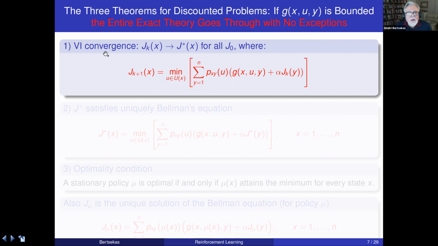The first theorem deals with convergence of the value iteration algorithm. The value iteration algorithm computes sequentially the optimal finite horizon costs with larger and larger horizon. J_k(x) is the optimal cost of the k stage problem with terminal cost approximation J_0.